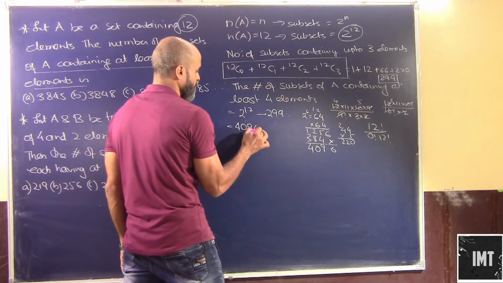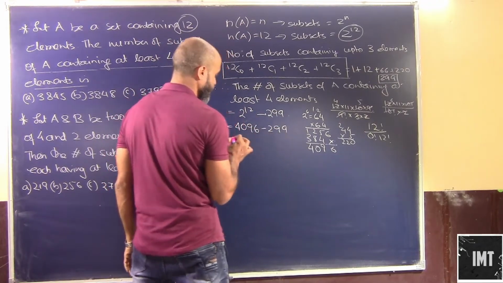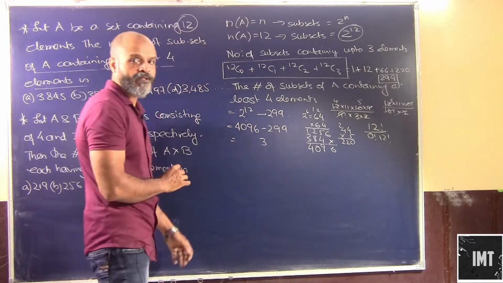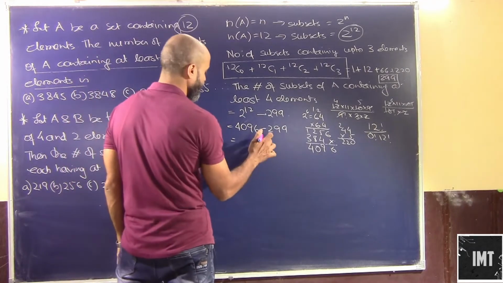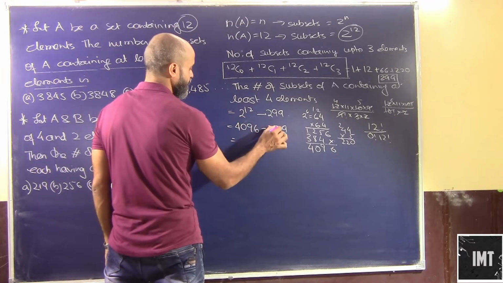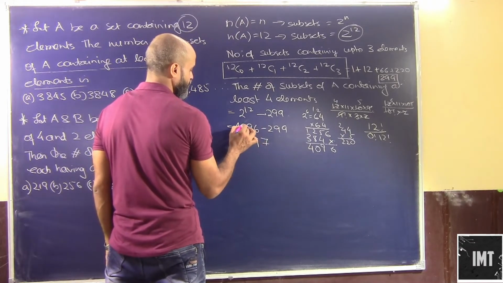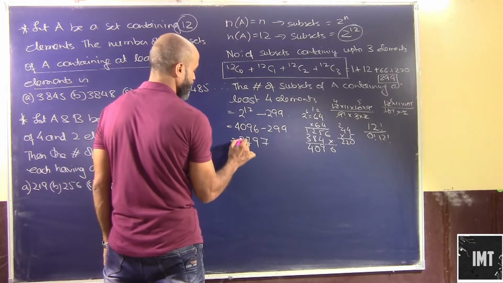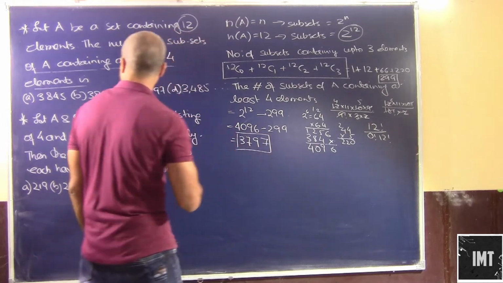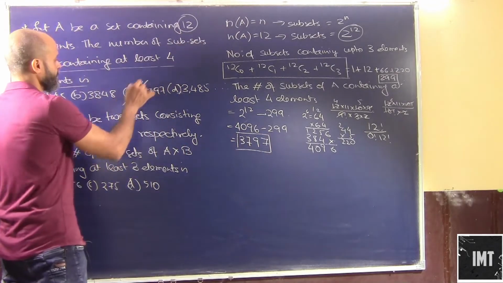That will be 4096 minus 299. So this is going to be 3797. Where we have an option there, this will be the one.